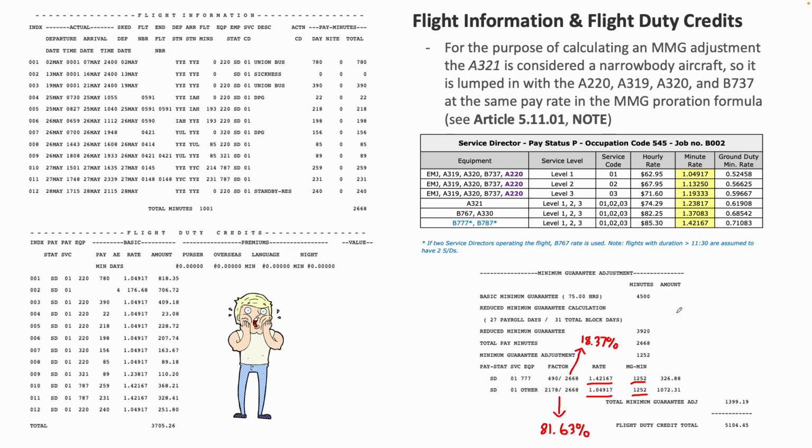We pay a percentage of them based on what we flew during the month. And that's what we mean by proration. So we need to find the prorated number of minutes that are to be paid out at the 777 787 rate. So for the first line, we take that 18.37%, and then we multiply that by the 1,252 minutes.